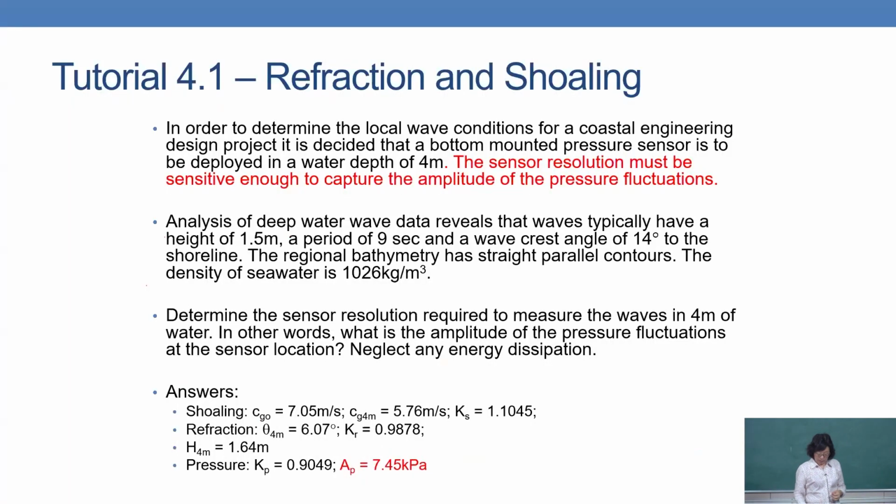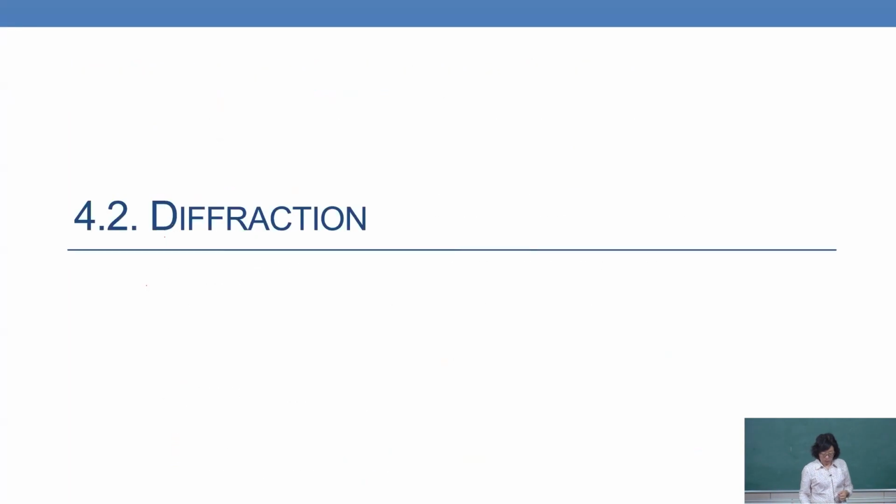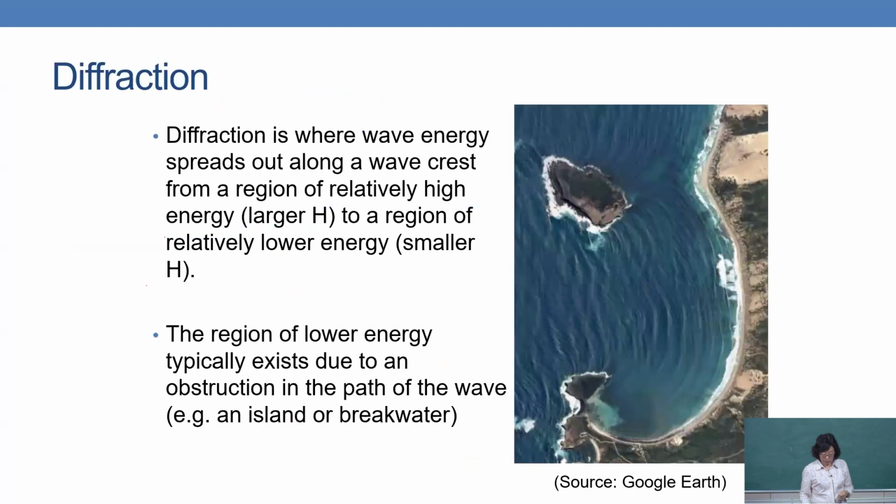Now this is an example. So for the diffraction, it is where the wave energy spreads out along a wave crest from a region of relatively high energy to a region of relatively low energy.